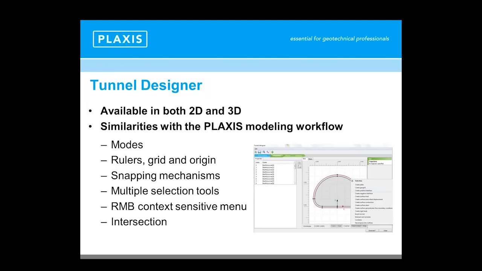We are also offering the well-known right mouse button context-sensitive menu, which presents, for any selected object, only the relevant actions which can be considered for such a selected object. And finally, we do offer intersection facilities as well.